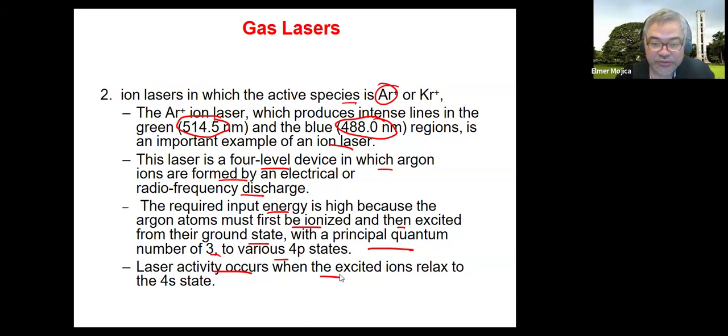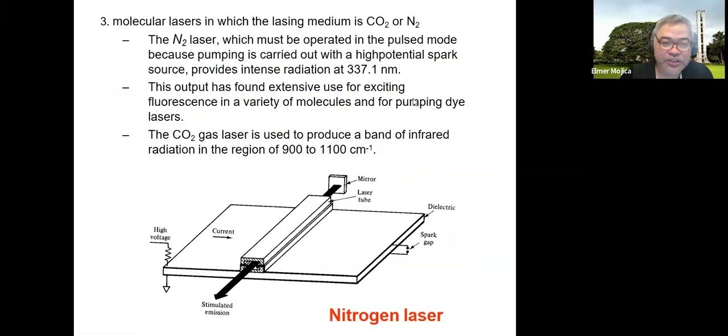Now, the next thing that we have is the so-called nitrogen laser, or the carbon dioxide and nitrogen lasers. Each of them is still a gas laser, so the medium is either of the two gases.